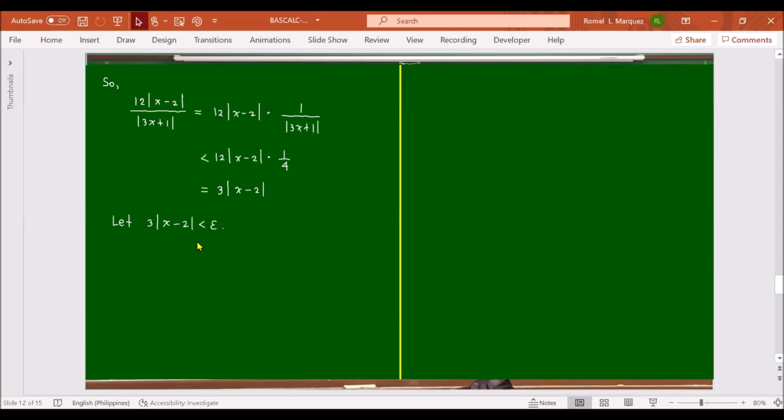Okay? So then, what is now my absolute value of x minus 2? That is epsilon over 3. So I can now take delta to be epsilon over 3. So from there, we can now have our formal proof.